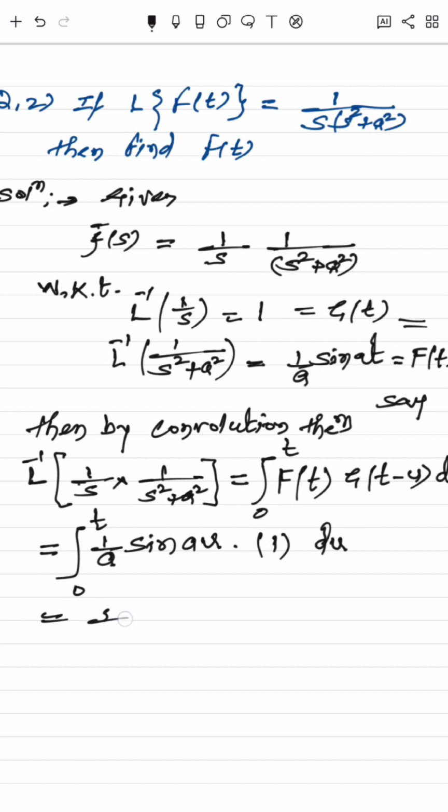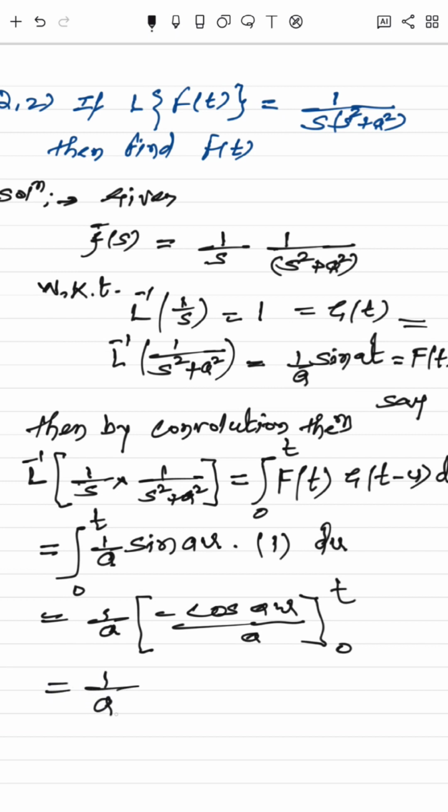1 by a is constant term, we can take outside. Integration of sine is minus cos au divided by a, limits from 0 to t. It becomes 1 by a square.